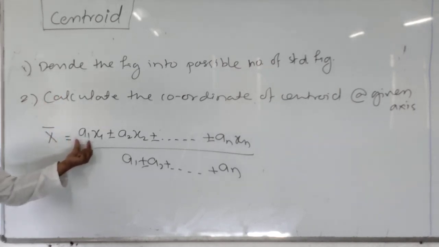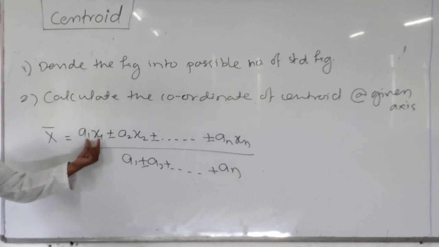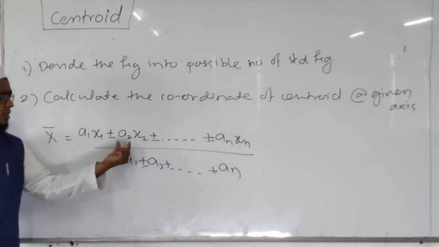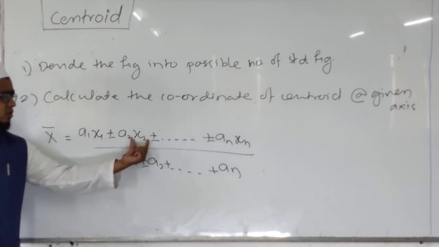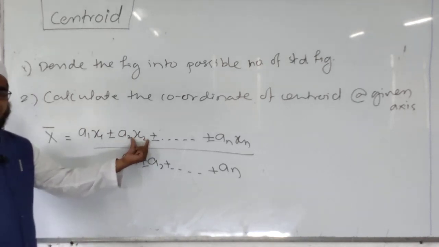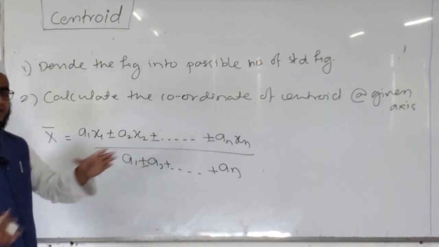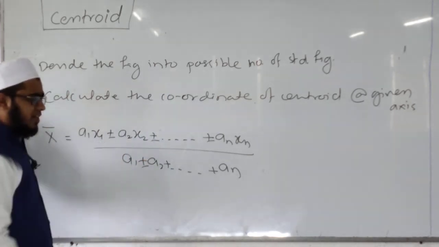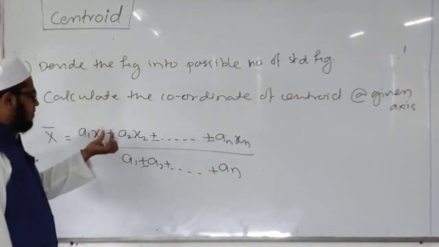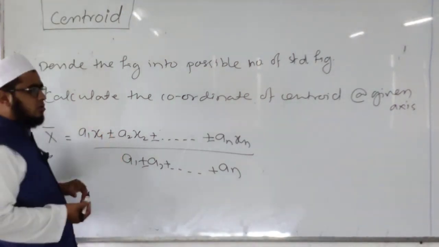A1 is the area of the first standard figure and x1 is the coordinate of the centroid of the first standard figure. Similarly, A2 is the area of the second figure, x2 is the x coordinate of the centroid of the second standard figure. If there are n number of figures, this formula will extend. The plus or minus sign depends on the mass.